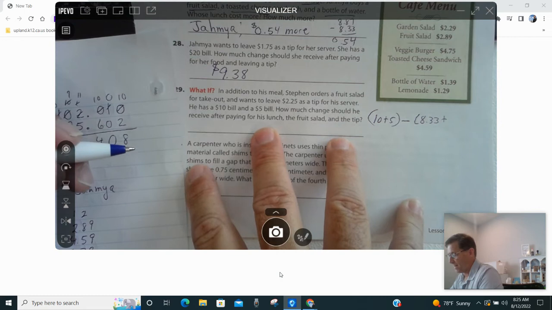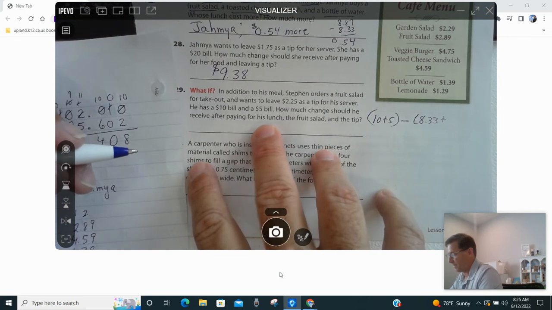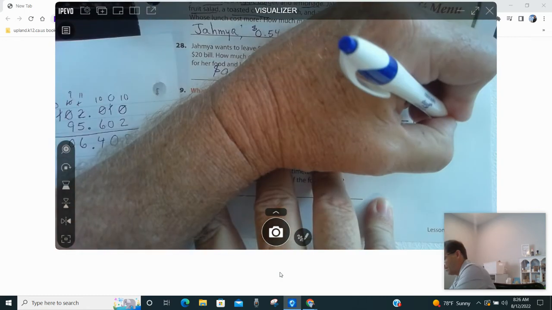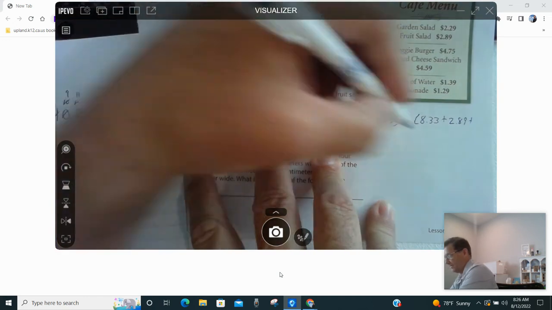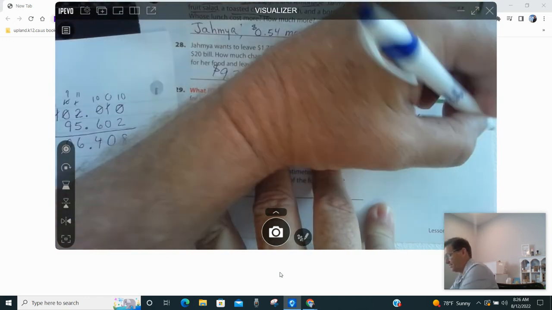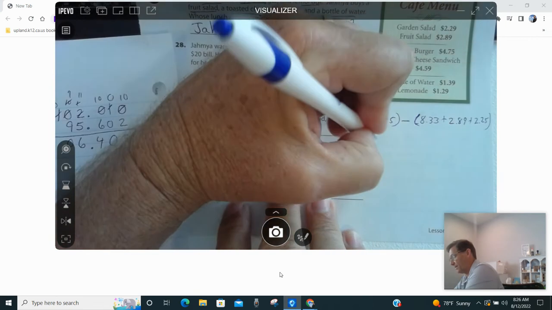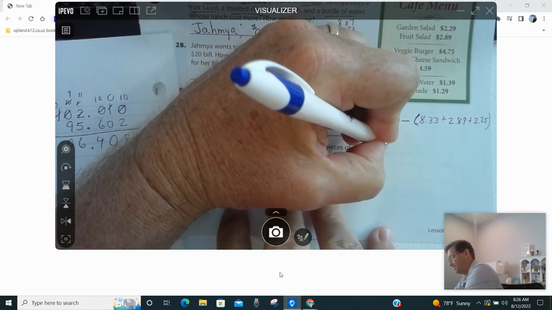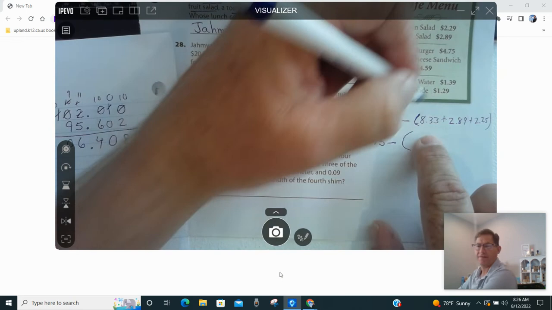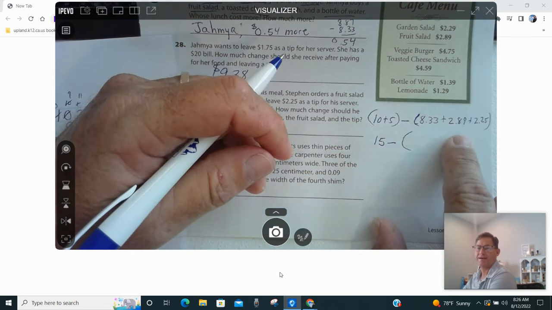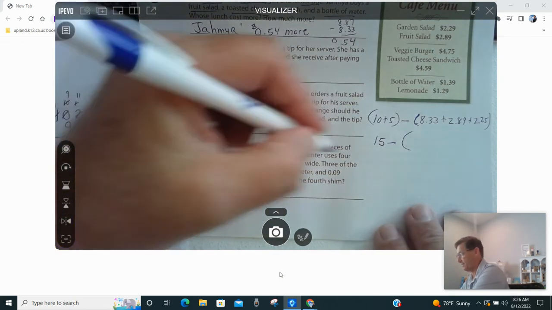And then he wants to buy a fruit salad. And he wants to leave a $2.25 tip. So 10 and 5 is 15 minus the sum of 8 and 33 hundredths, 2 and 89 hundredths, and 2 and 25 hundredths.